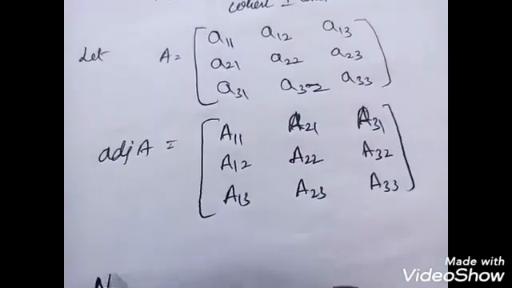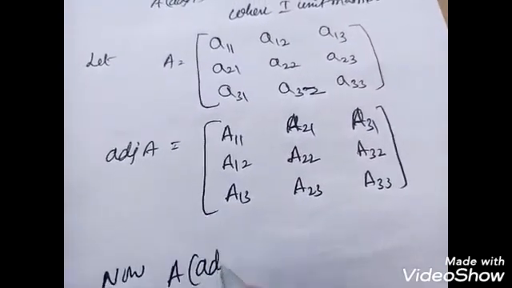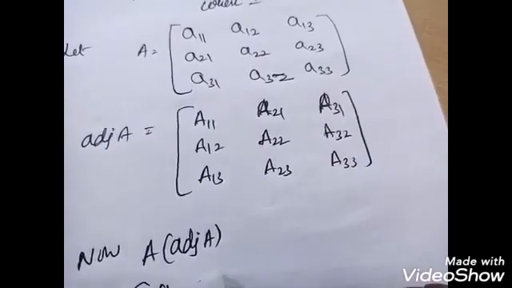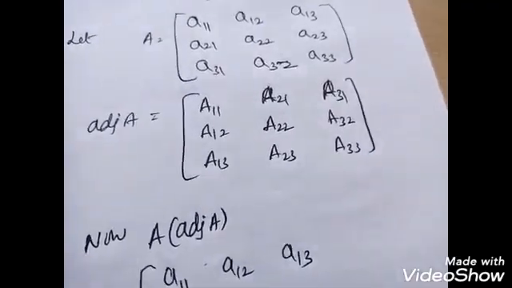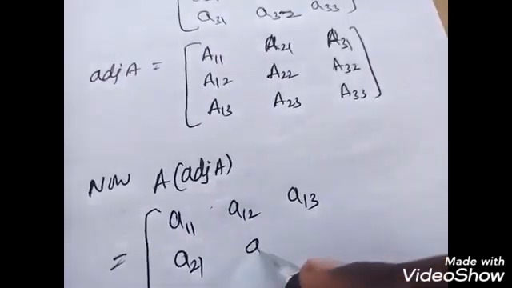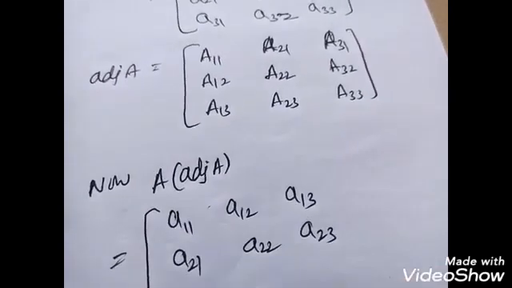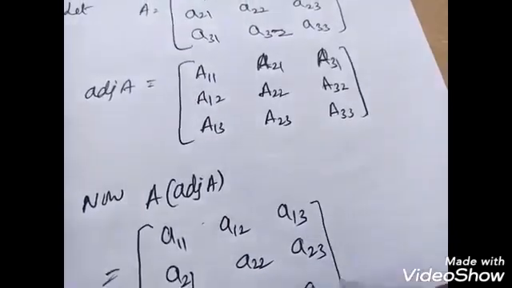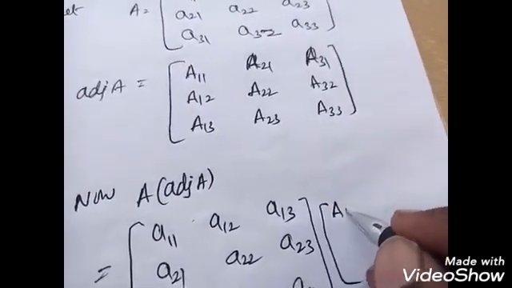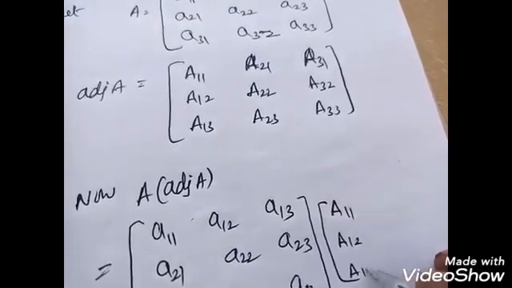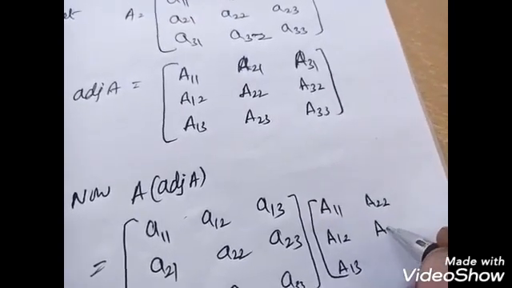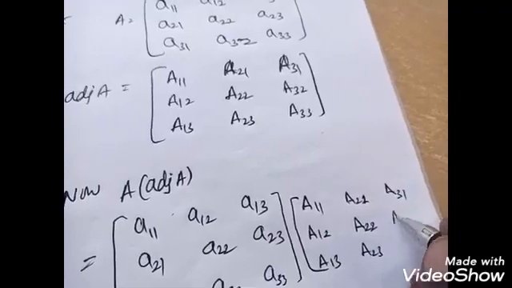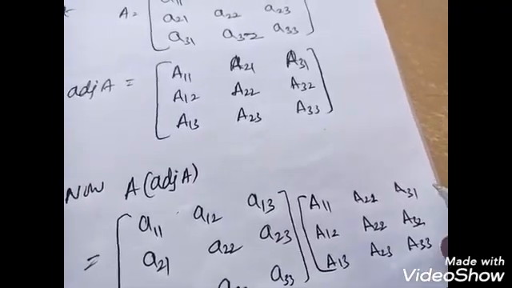Now A into adjoint A is equal to the matrix A with entries A11, A12, A13, A21, A22, A23, A31, A32, A33, multiplied by the adjoint matrix in capital letters.